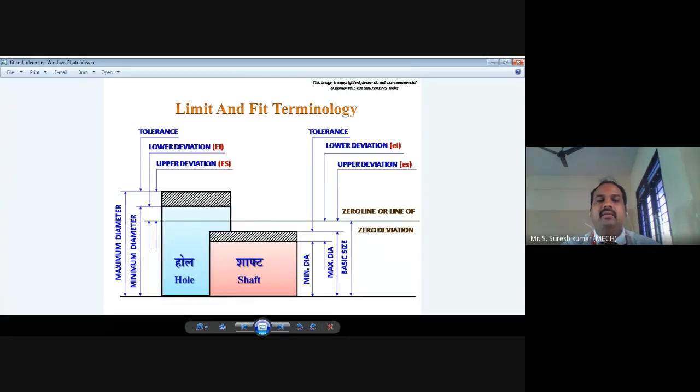The second rule is both deviations are expressed to the same number of decimal places, except in the cases where the deviation in one direction is nil.